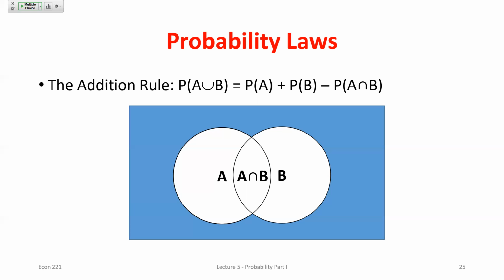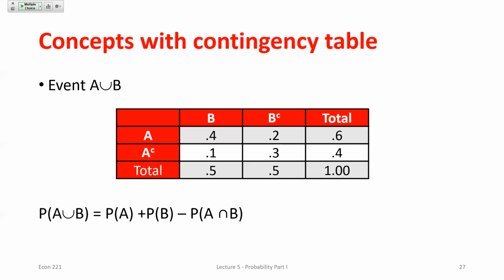Any questions on this? You can maybe imagine how I could use a contingency table to find that union. I can look up the probability of A, the probability of B, and the probability of the intersection. I'm going to skip ahead a little bit, using those values we were using before.